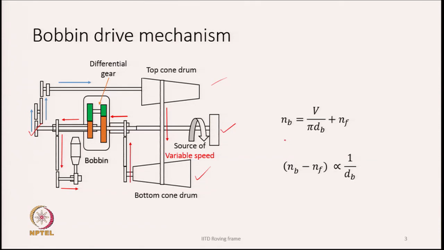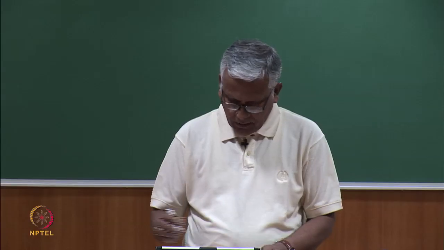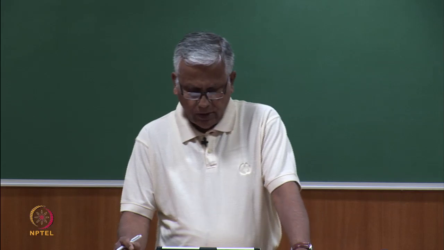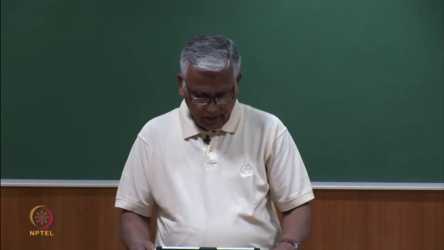If we remember the previous equation that we derived earlier, we have seen that the bobbin speed Nb is V by pi dB plus Nf, and the winding speed, which is Nb minus Nf, is inversely proportional to the diameter of the bobbin. This we have already learned. Now, we move on to this slide.